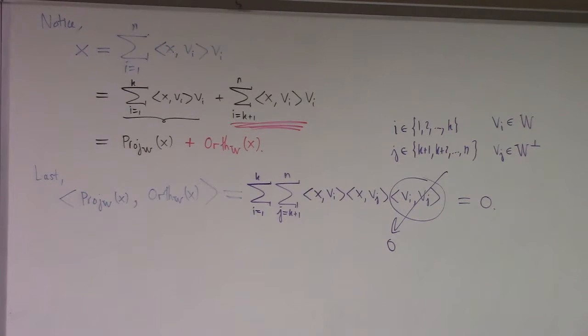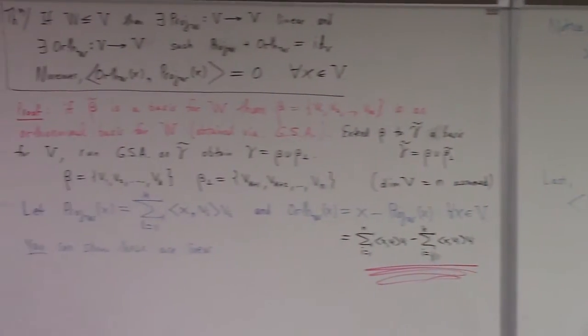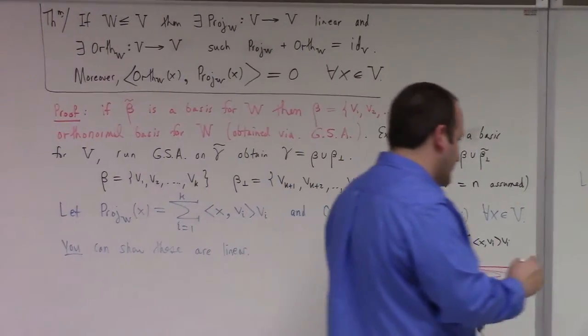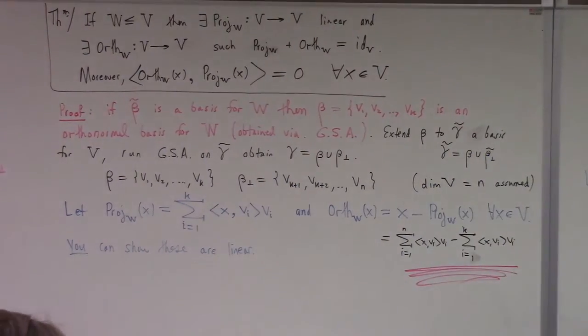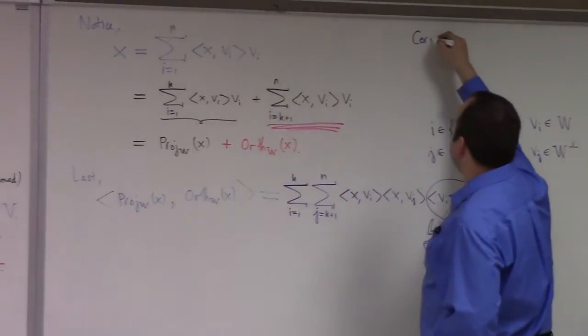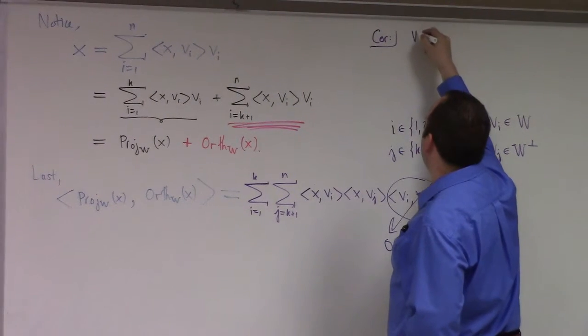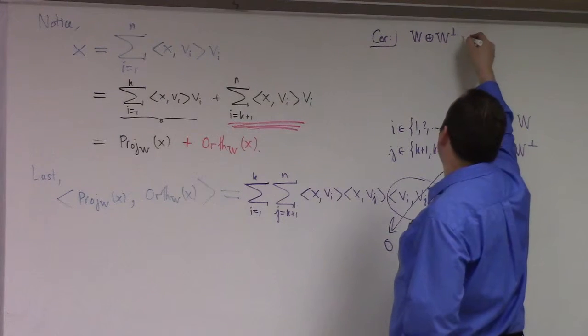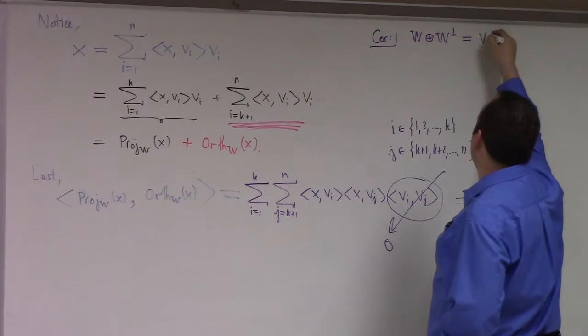So guys, what's a corollary to this? How about this: W direct sum W perp is what? The whole space.